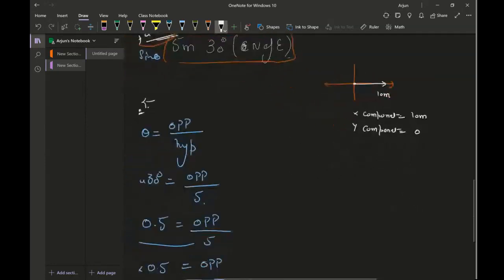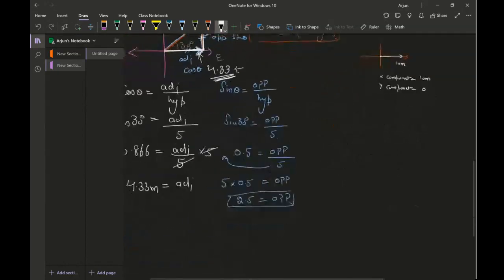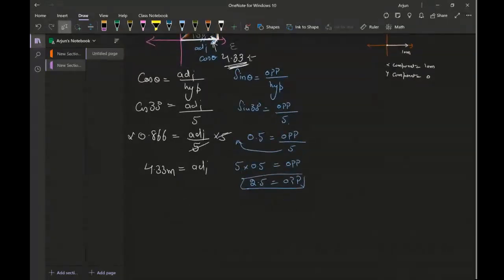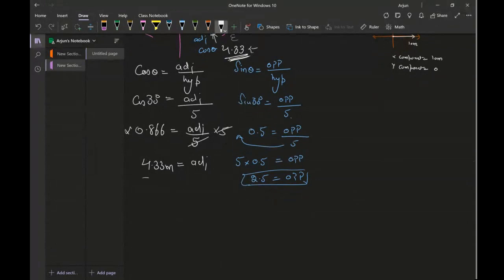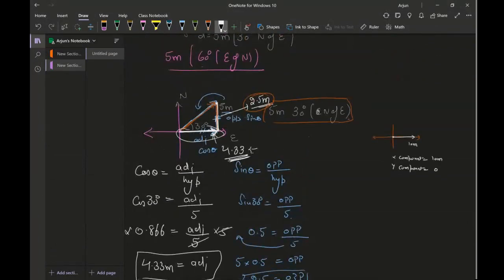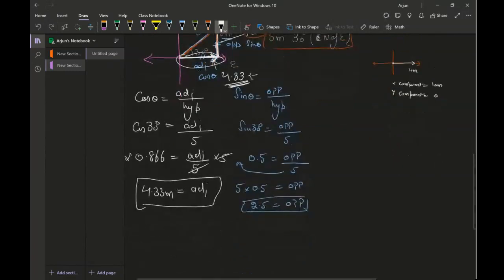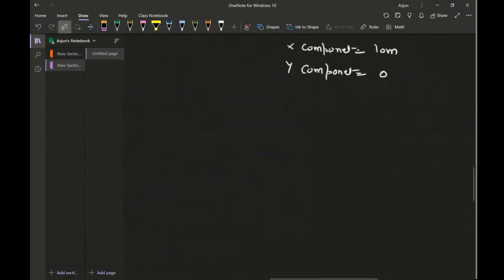Now we have the components of both the vectors, and we will add the x components and y components separately. This was the x component, the adjacent side, and we will add the x components.